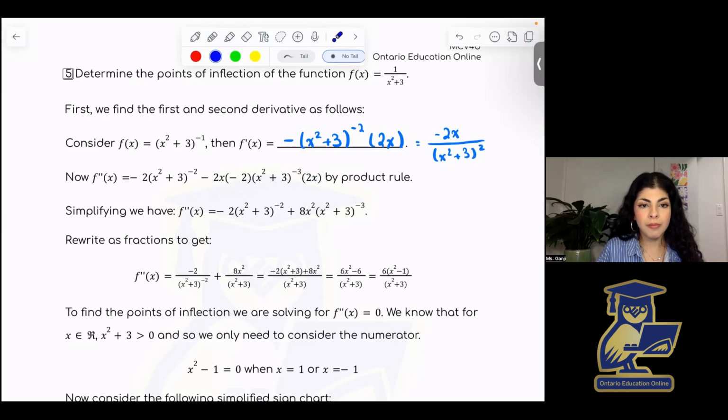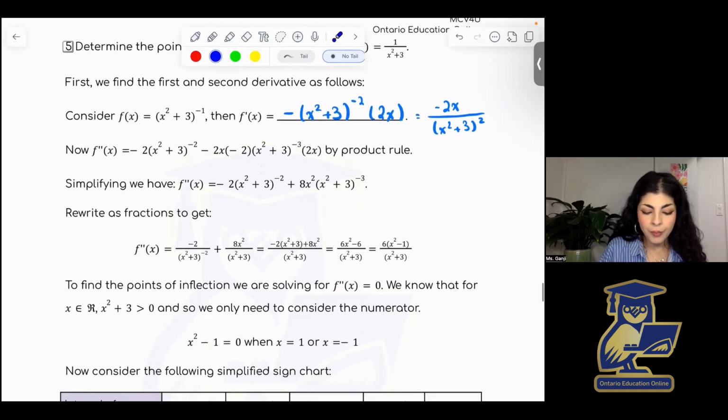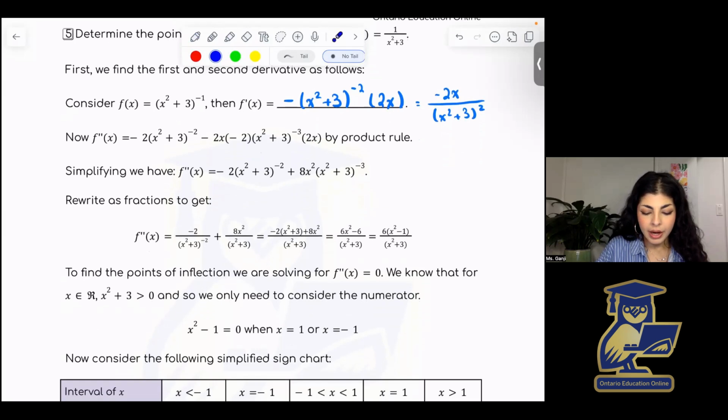This is just finding the derivative of each term, and simplifying that, we have this expression here. Here, I've just rewritten these as fractions, and I found common denominators because I wanted this term here, which is 6 times x squared minus 1 over x squared plus 3.